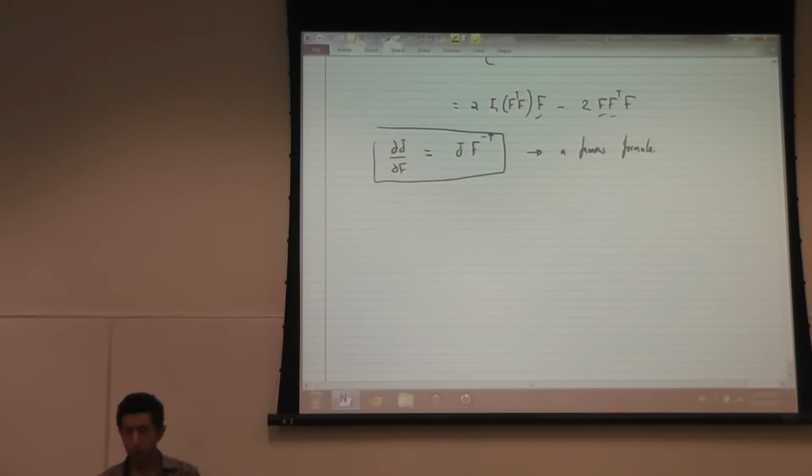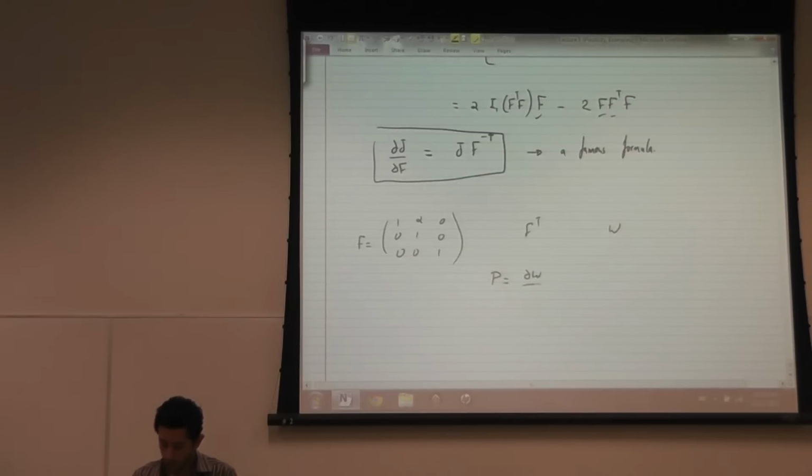And so, for the problem where F was given as 1, alpha, 0, 1, 0, 0, 1, 0, 0, I know F transpose, and I know W. Right away you get that P is equal to partial W by partial I1 multiplied by 2F, plus partial W by partial I2 multiplied by partial I2 by partial F, plus partial W by partial J multiplied by partial J by partial F, which is J F negative transpose.